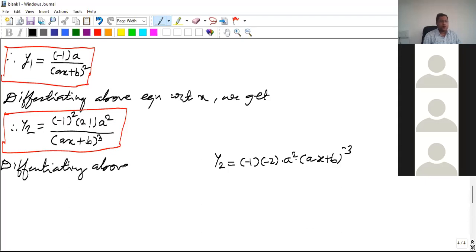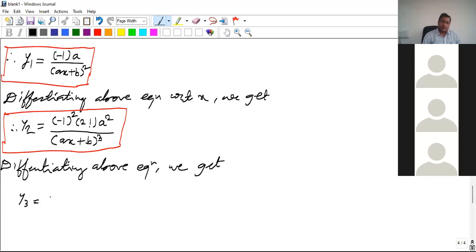Differentiating the above equation with respect to x, we get y3 is equal to minus 1 square, 2 factorial, you'll have minus 3, and you'll have a cube, and then we'll have ax plus b bracket raised to 4. Are you getting this term?